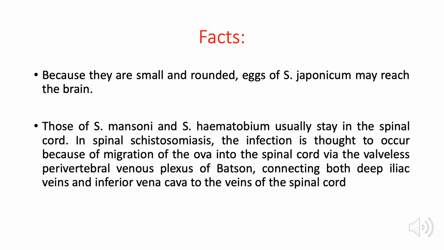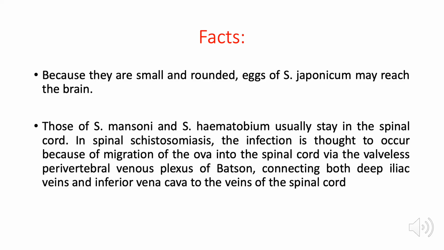But if the organ involved in the CNS is the spinal cord, then there's a high chance that the ones involved are the other two Schistosoma species, Schistosoma mansoni and Schistosoma haematobium. The main reason is that the ova of these two species might reach what we call the Batson plexuses.